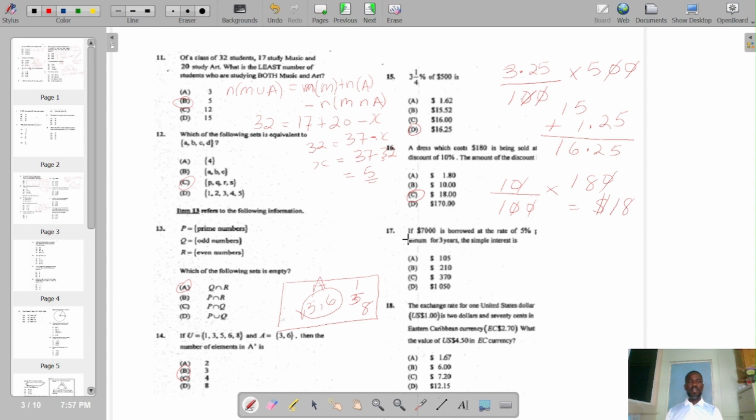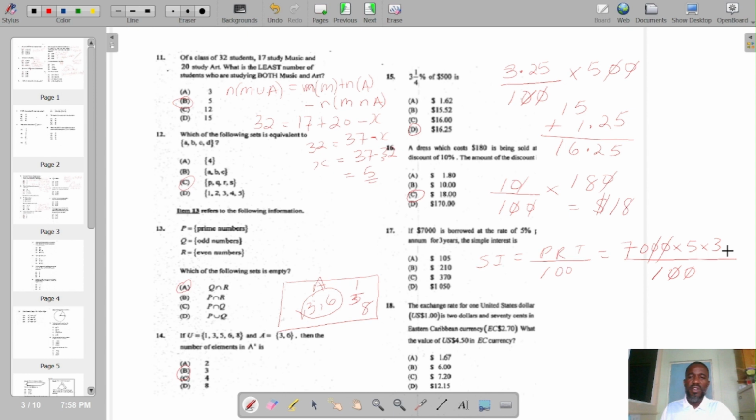By plugging in the values, the principal is 7,000, borrowed at 5% for 3 years, over 100. So 0 will cancel 0, 0 will cancel 0. Therefore 5 threes will give us 15, and 15 times 7 will give us 1050. Okay, and I hope that you're understanding what we are doing here.